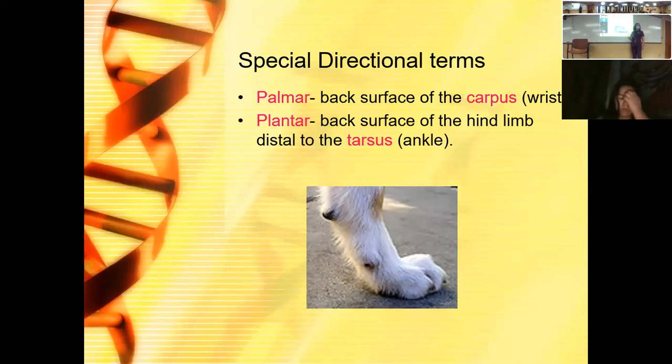They walk on their toes. This whole part right here is the plantar surface of the foot. This is the equivalent of my heel. So you can see if they drop it down, then you have what would be like a human foot. And then right here is the tarsus. If this is a back foot, carpus is in the front.